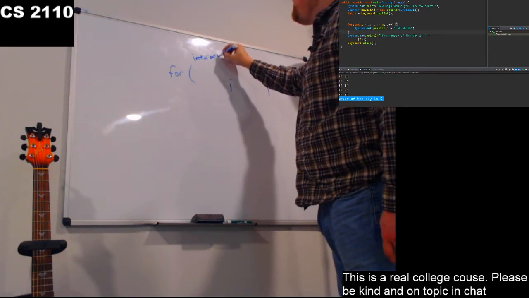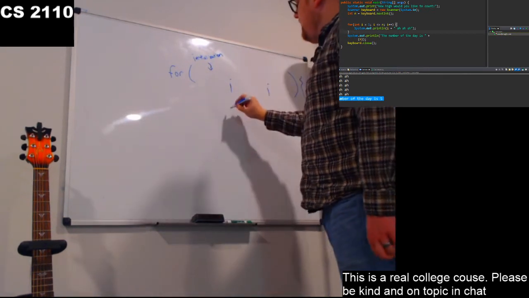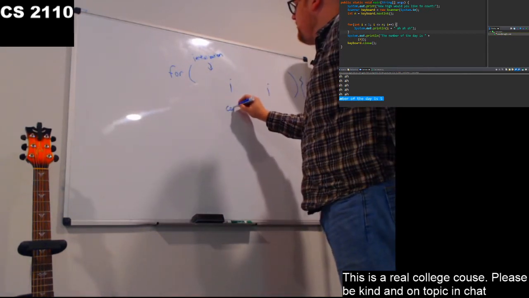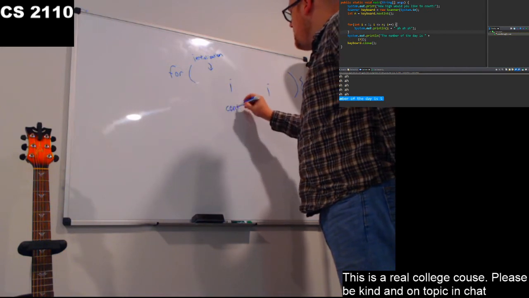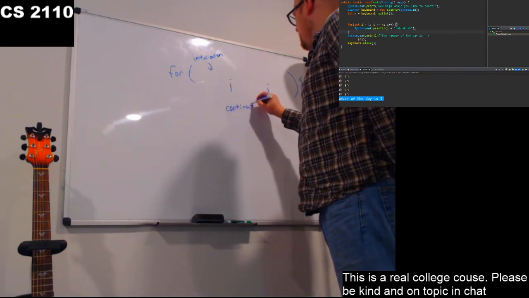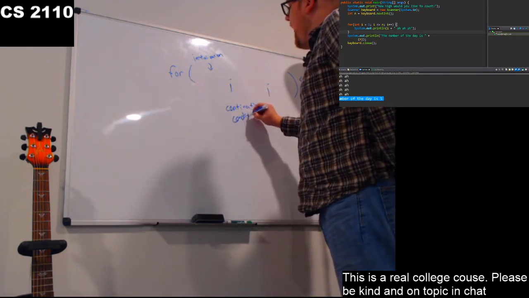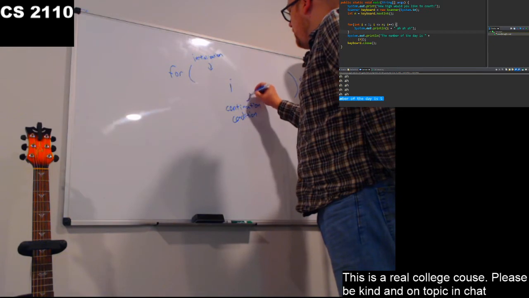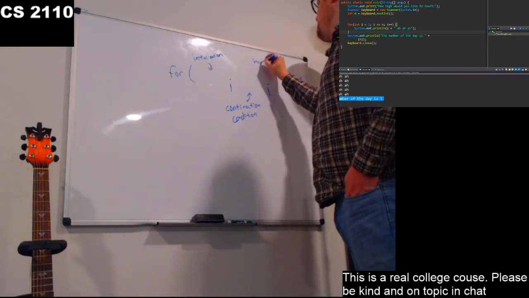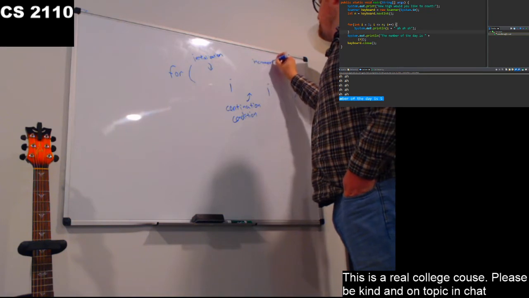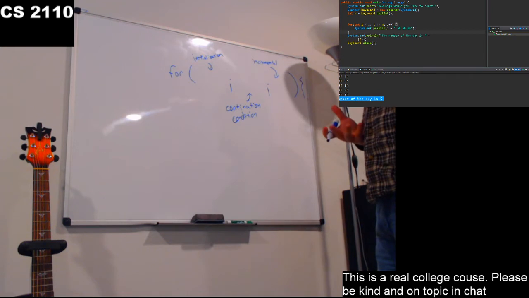We're going to set some initial condition. Second, our continuation. And we continue to loop while this is true. The third is our increment. This is what we do every loop.